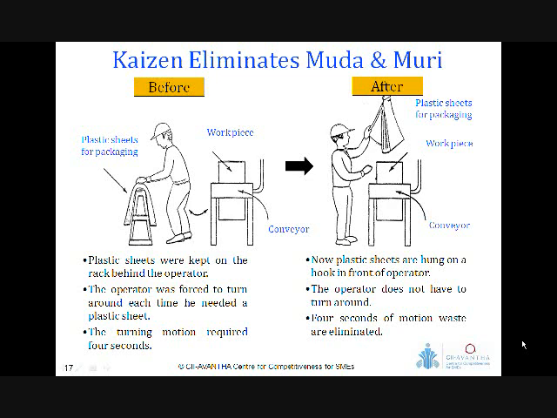Operator has to turn every time when he needs a plastic sheet, and the turning motion requires 4 or 5 seconds, extra effort also. Now a small improvement is done. Plastic sheet has been hung in front of the operator. Operator does not have to turn around. His efficiency has increased and he will be happy because there will be no Muda.